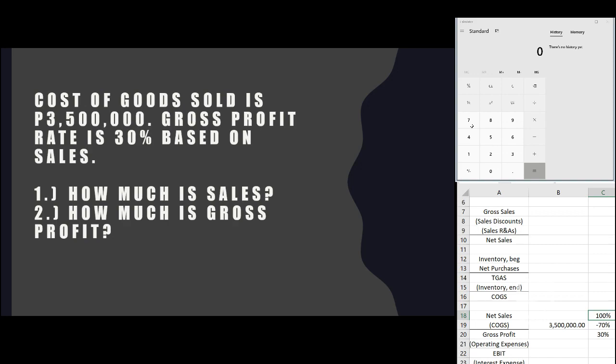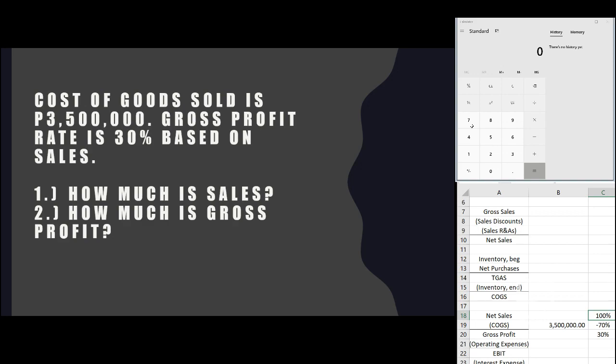Now, assuming na palitan natin yung given sa problem. Let's assume na ang sabi niya is gross profit rate is 30% based on cost. Okay, as I mentioned earlier, kung sino yung basis, whatever the basis is, yun yung magiging 100%.